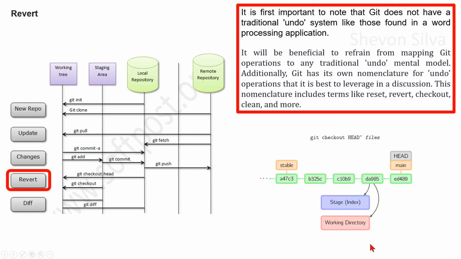Here you can see git checkout HEAD~ files. When a file name or -p is given, git copies those files from the given commit to the stage and working directory.